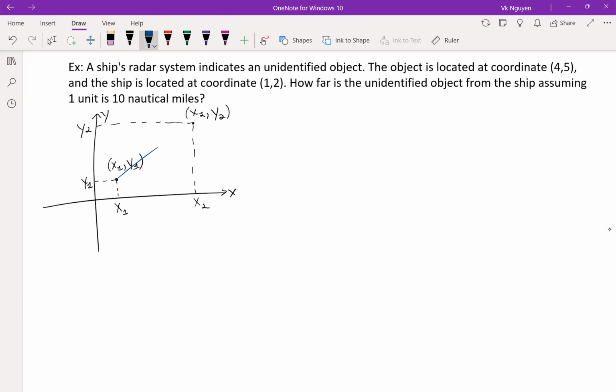This is the distance between them, and this is the distance d. We can get a right triangle that includes d. The vertical side is y2 minus y1. The horizontal side is x2 minus x1. And ta-da! Using the Pythagorean Theorem.